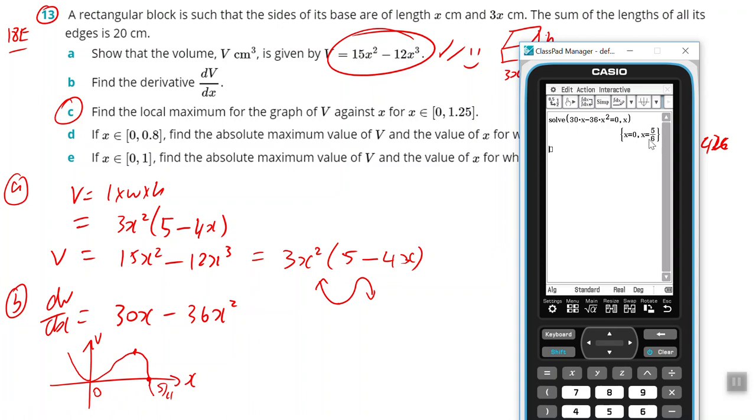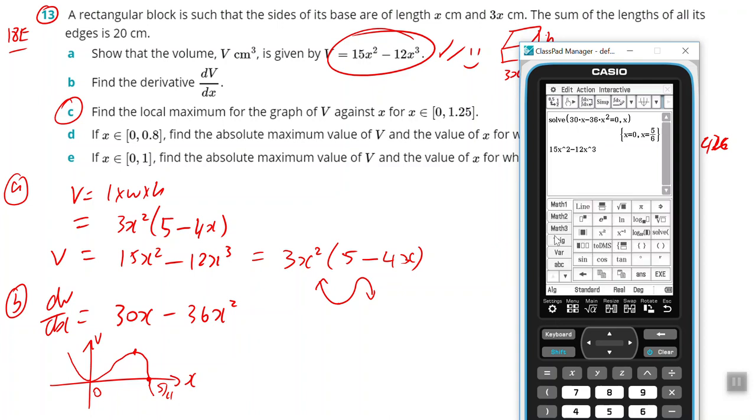At 5 on 6, the original is given by 15x squared minus 12x cubed. I want to find the corresponding y value, so given x equals 5 on 6, you get 125 on 36.